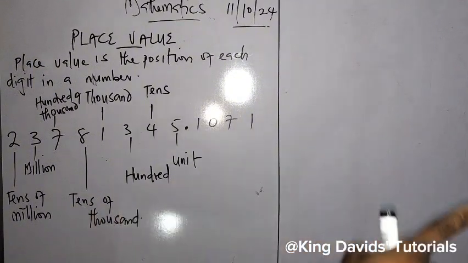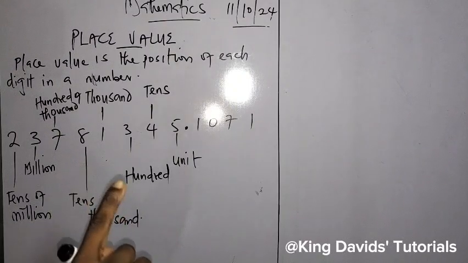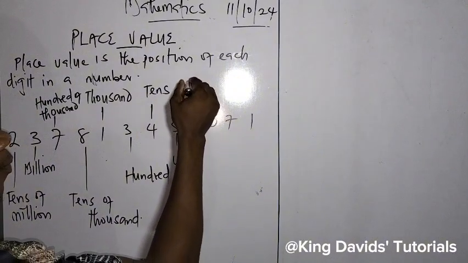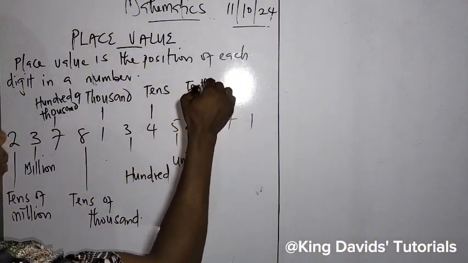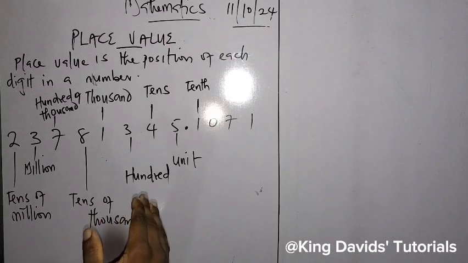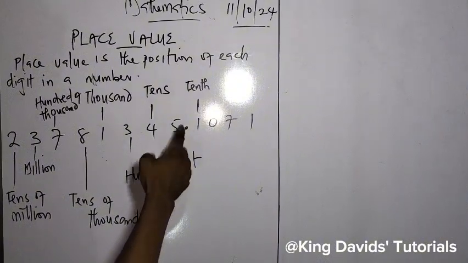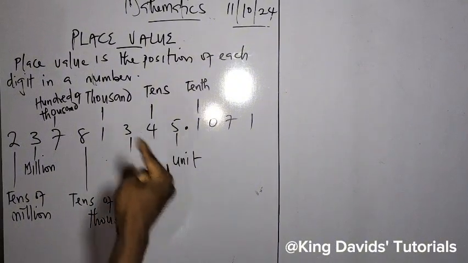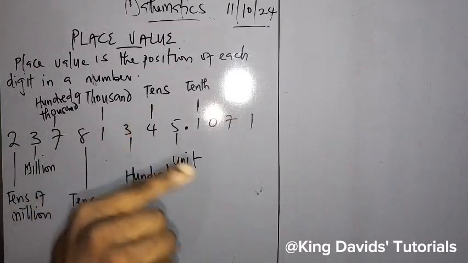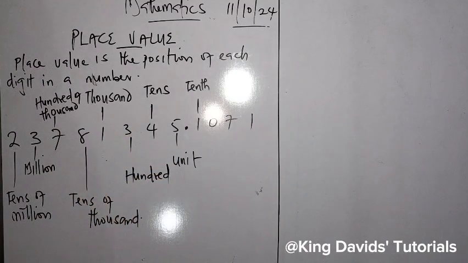All right. Now, from the decimal point to the right, the first digit has a place value of tenth. Now watch the difference between the digits after the decimal point by the right and those of the left. Decimal point to the left, units, followed by tens. But to the right, the first digit is tenth with the TH. Now the next digit after the tenth is the hundredth.